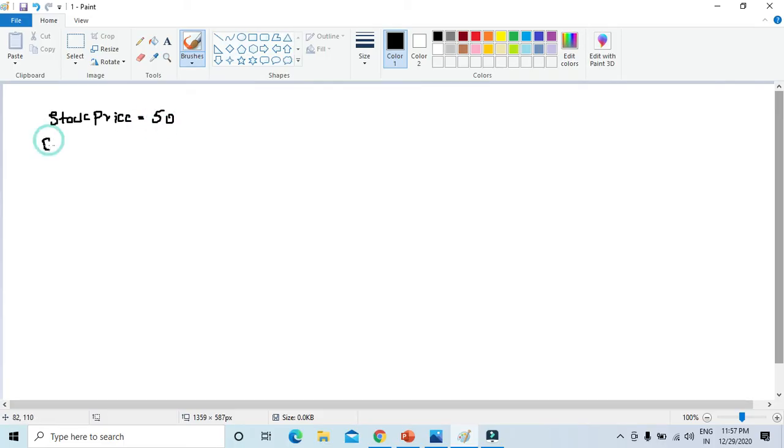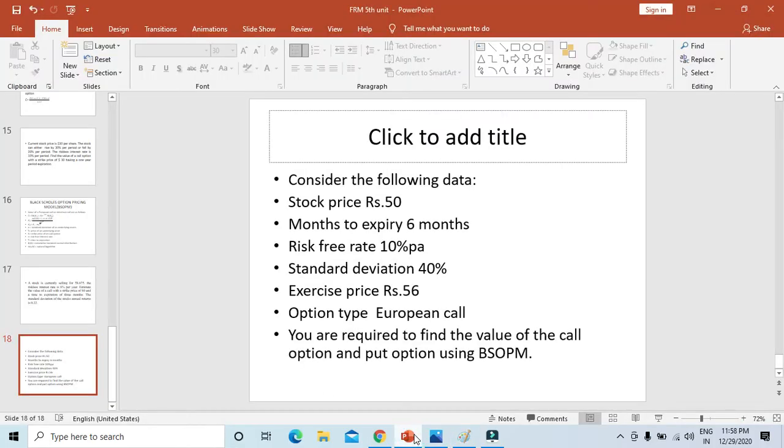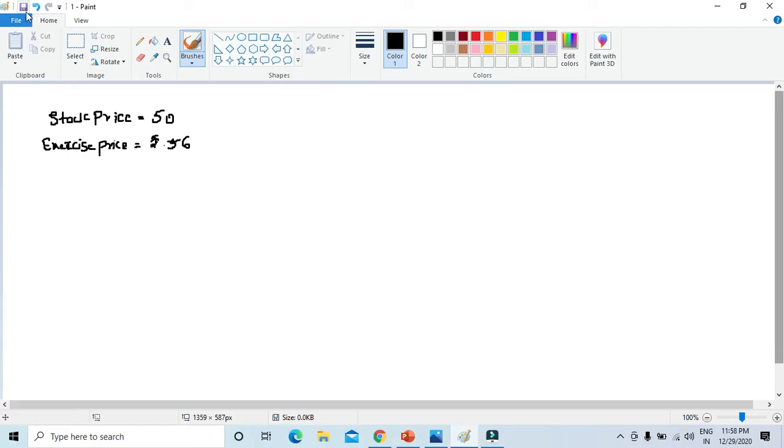Exercise price, 56 rupees. If you see the information that has been given, stock price 50, exercise price 56.